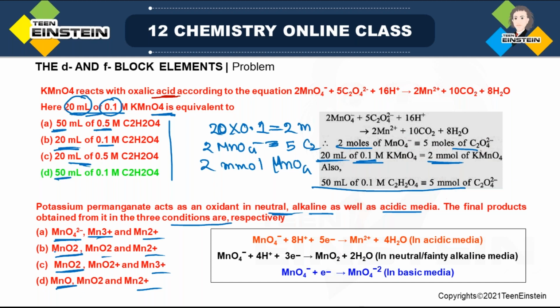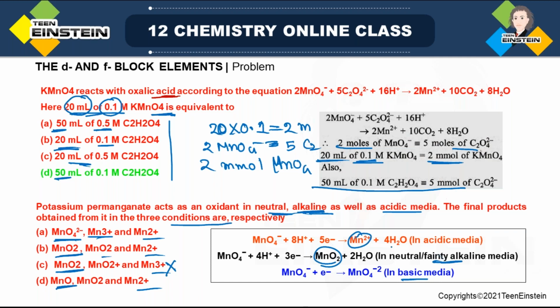So the first molecule in each option will be for neutral, and in neutral it is MnO2; in acidic it is Mn2 plus. So you can easily cancel out this option. Mn3 plus is not possible, and in basic medium it is MnO4 2 minus. Now, though it is mentioned alkaline, it is not exactly mentioned whether it is weakly alkaline or strongly alkaline, because depending on that, the products are different.